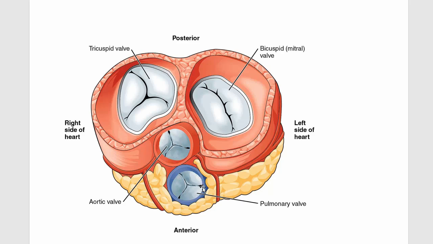That's why they're called semilunar, and why this one isn't, even though it has 3 leaflets. Again, I don't see it, but I don't go stargazing very often, so I don't know. But these 2 are the semilunar, and these 2 are the atrioventricular. Okay, so now we've got our head wrapped around the different valves.